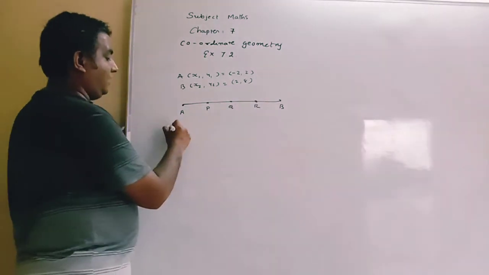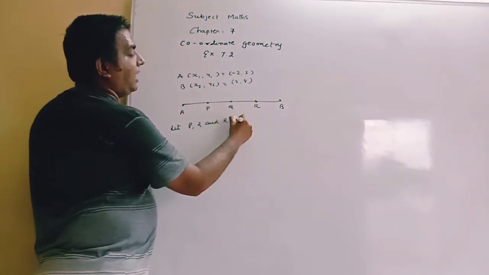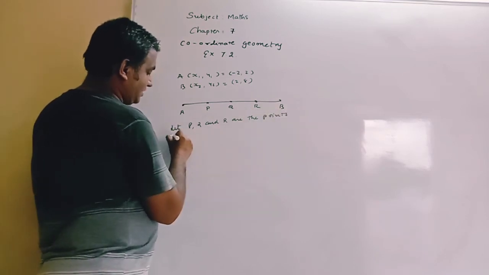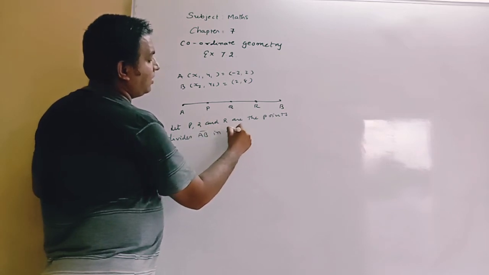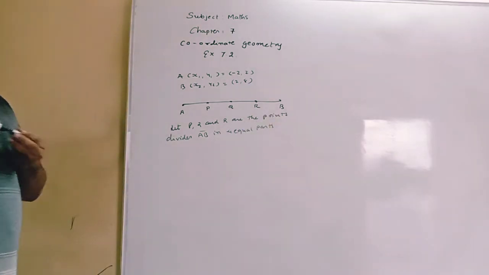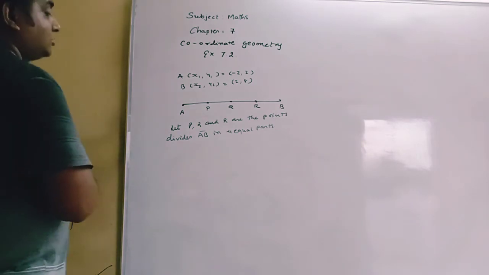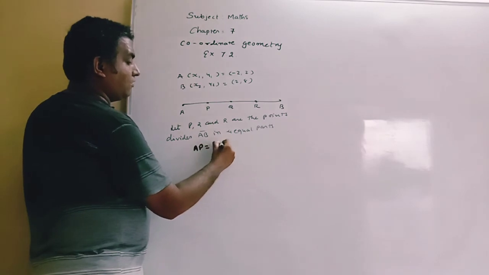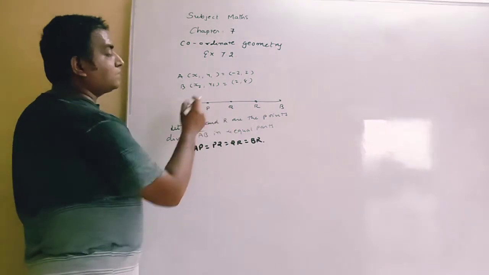So let P, Q and R be the points that divide AB in 4 equal parts. So AP equals PQ equals QR equals RB, and so these 4 parts are equal.